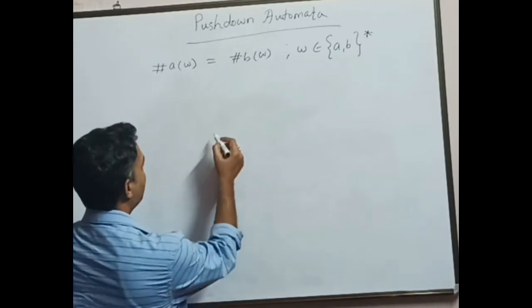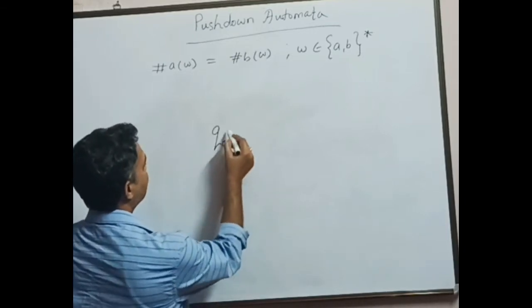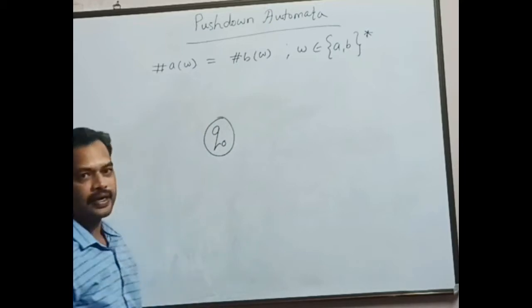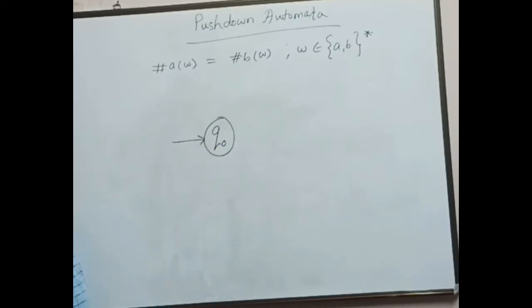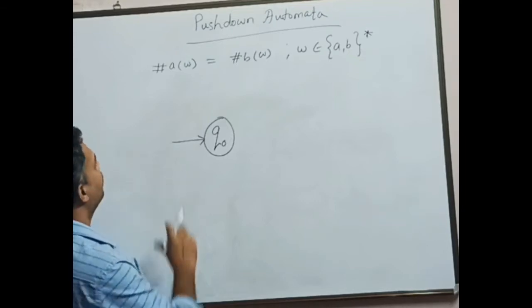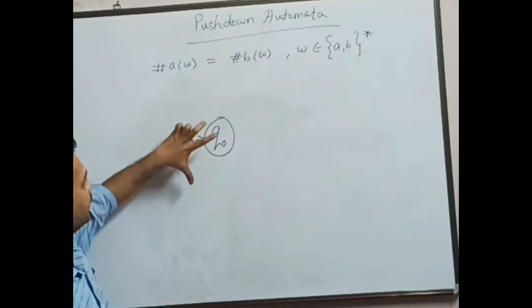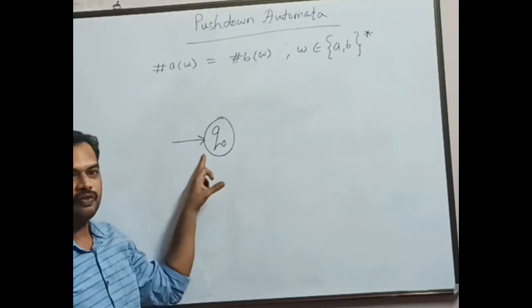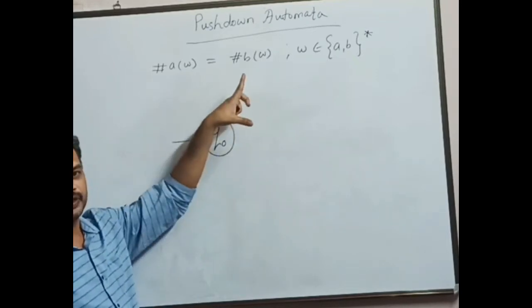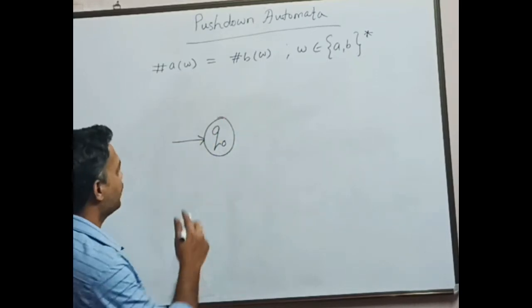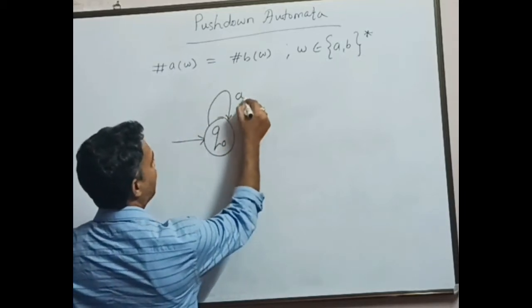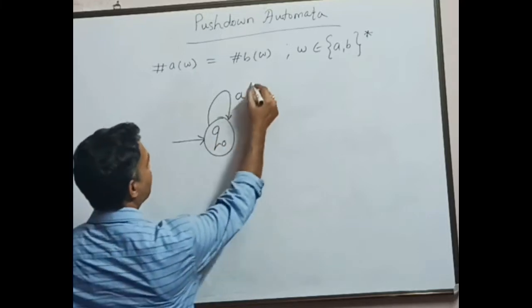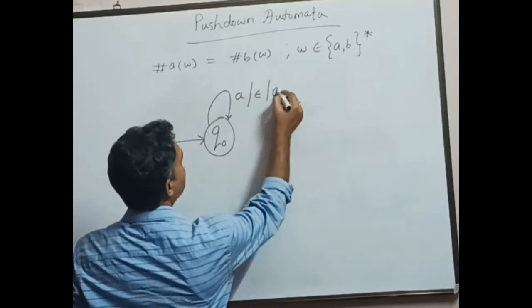Now, let us have the initial state, that is the starting state, prefixed with an arrow. Let us design this PDA in such a way that it works for all the conditions with respect to a given string. First of all, if the PDA comes across character A, let it push that A onto the stack.